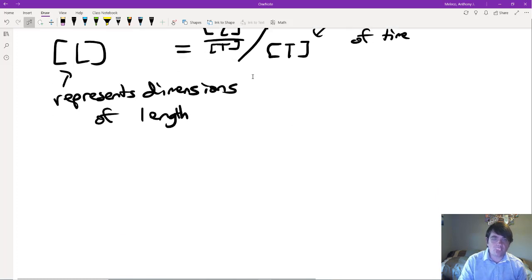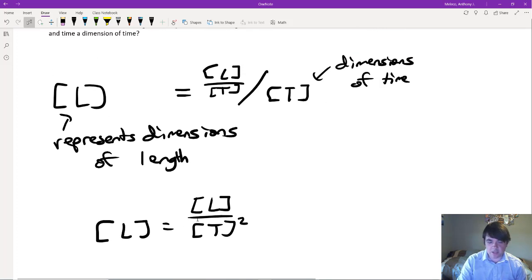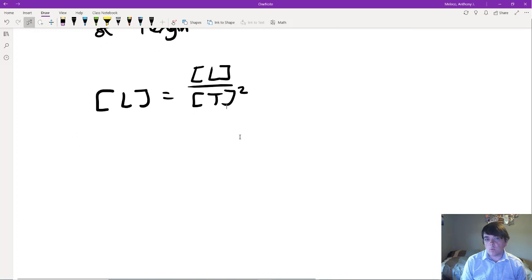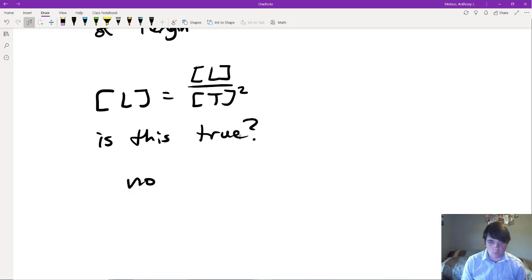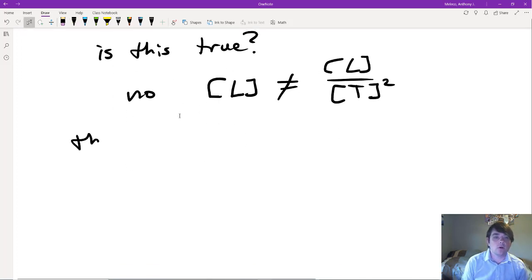If we write that again, we would write length equals length over time squared, because length per time divided by time is length per time squared. Now you ask, is this true? No. Length does not equal length over time squared. So this equation doesn't work.